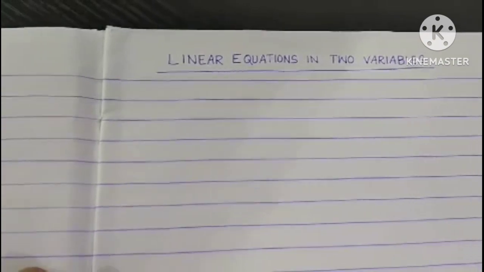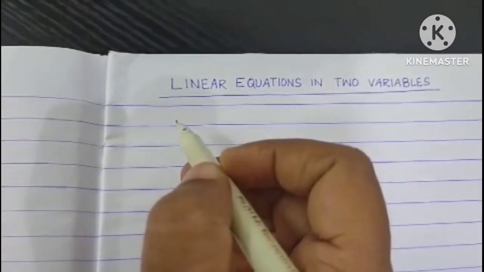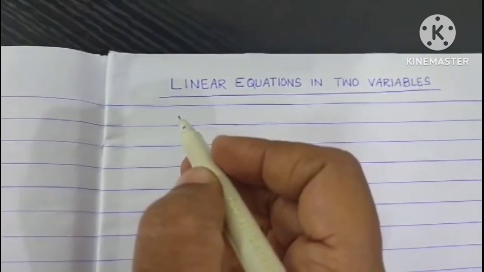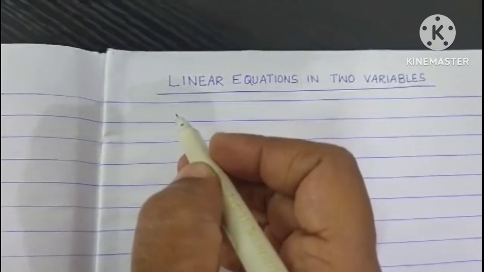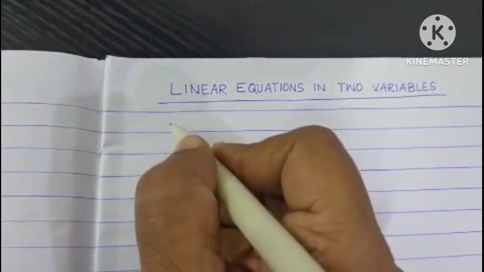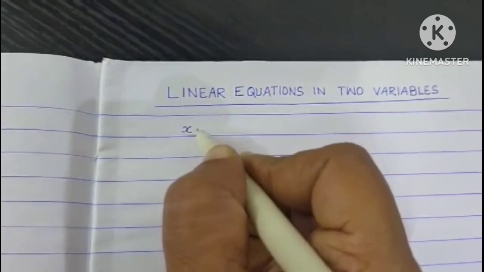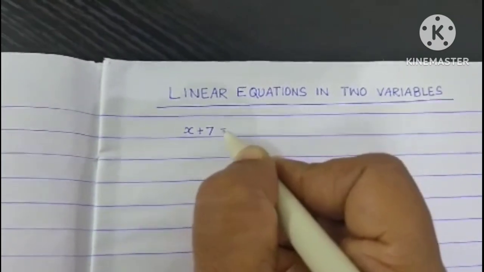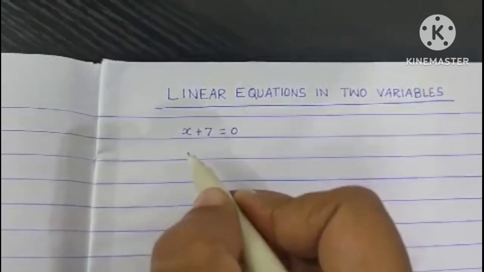So friends, let us start the chapter linear equations in two variables. Now let us first recall what we have studied so far in earlier classes, that is linear equations in one variable. So what are the linear equations in one variable? Suppose I am writing x plus 7 is equal to 0. So this is the example of a linear equation in one variable.